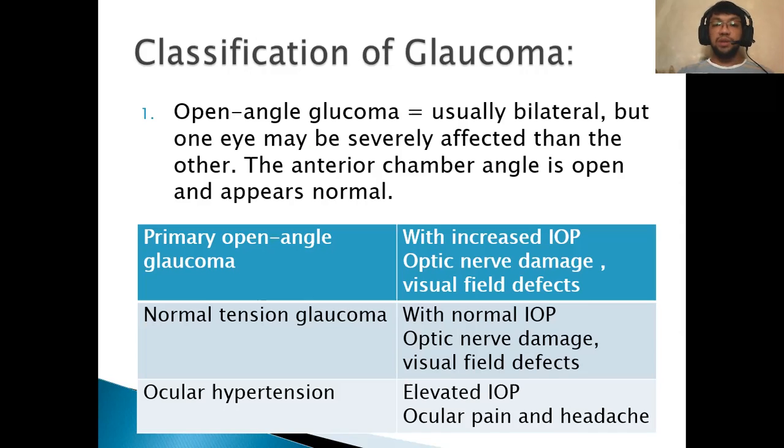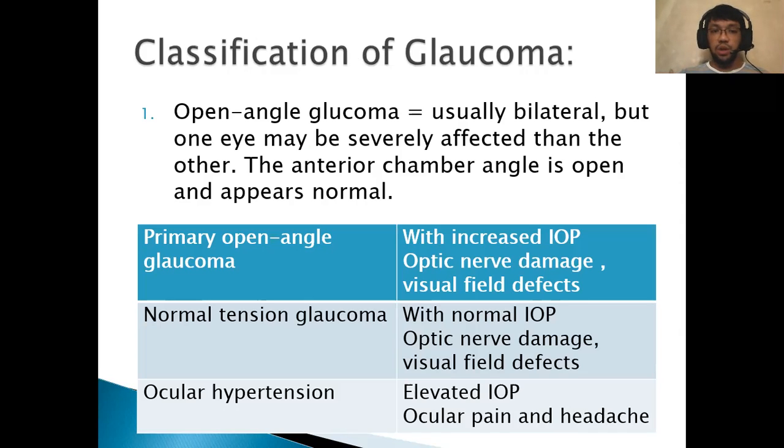There is normal tension glaucoma and ocular hypertension. Primary open angle glaucoma has increased IOP, optic nerve damage, and visual field defects. Since there is an increased intraocular pressure, this will further damage either the retina or the optic nerve.